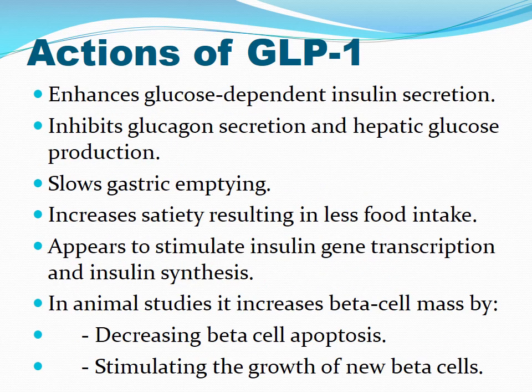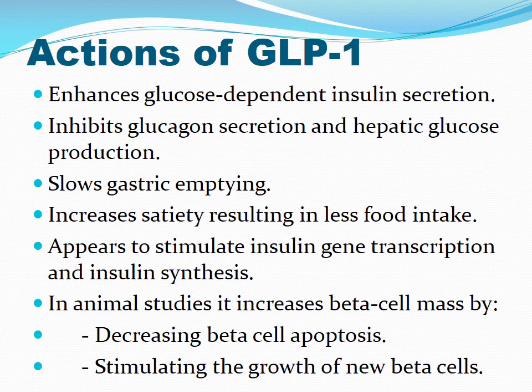The actions of glucagon-like peptide 1: it enhances glucose-dependent insulin secretion, inhibits glucagon secretion and hepatic glucose production, slows gastric emptying, and increases satiety, resulting in less food intake.